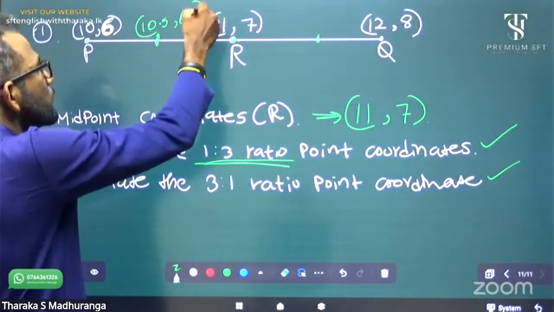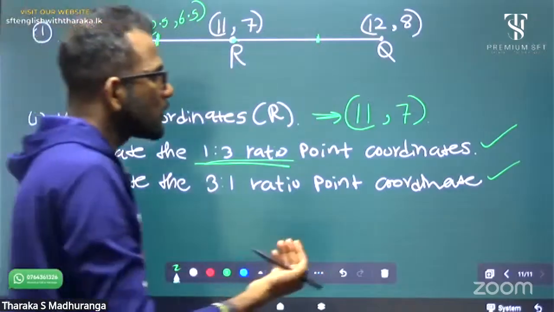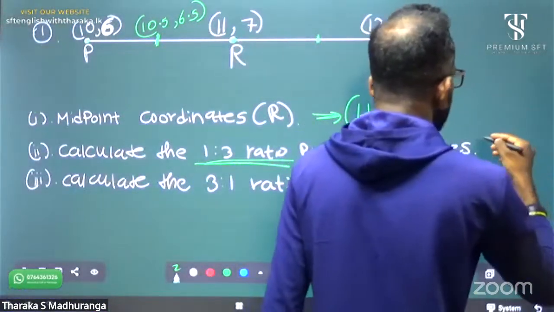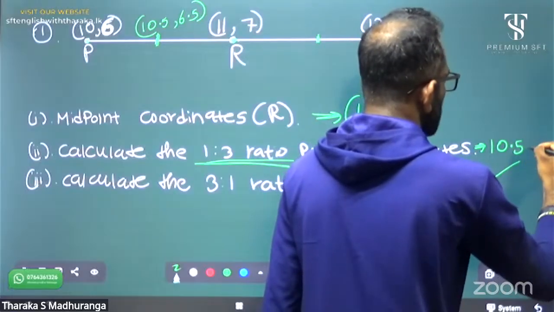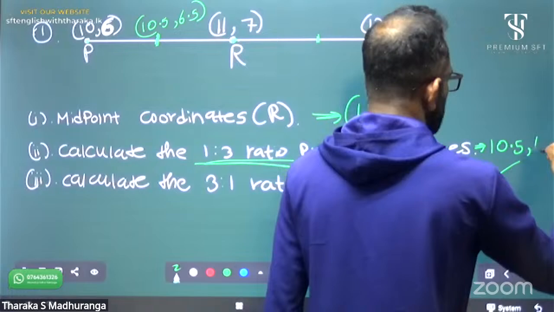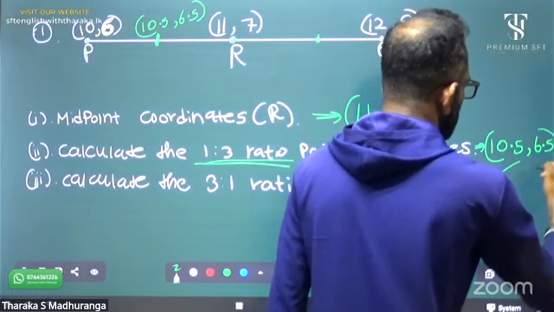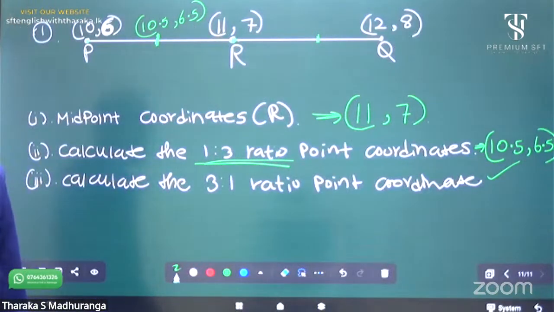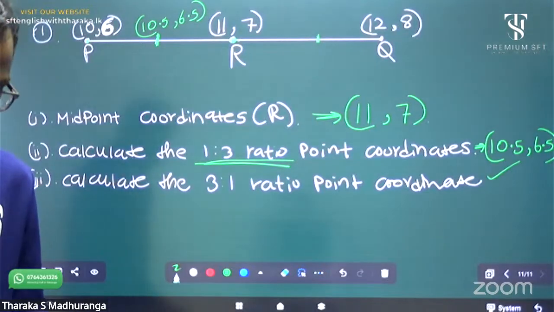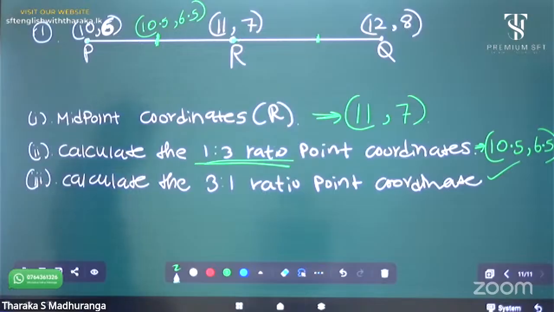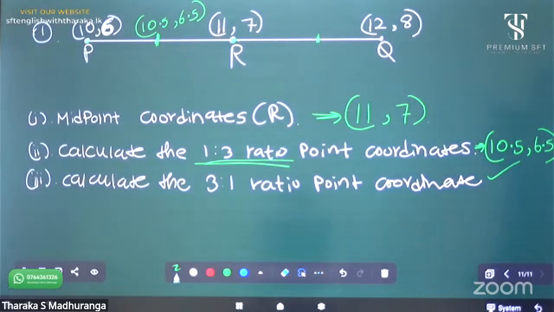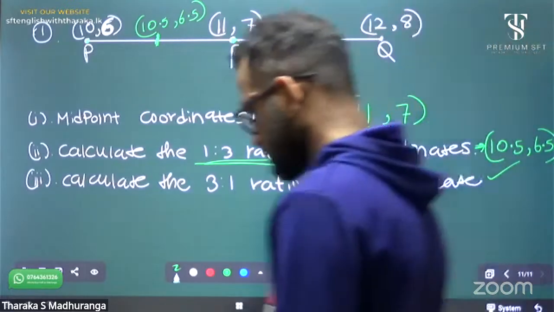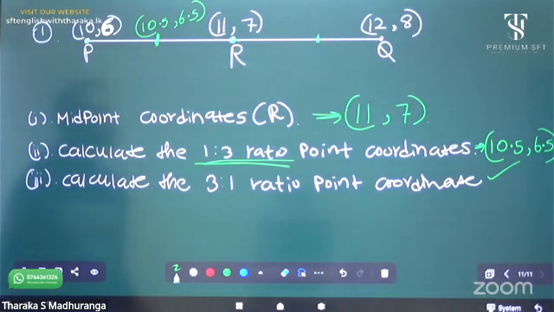The 1 to 3 point coordinates are 10.5 comma 6.5.